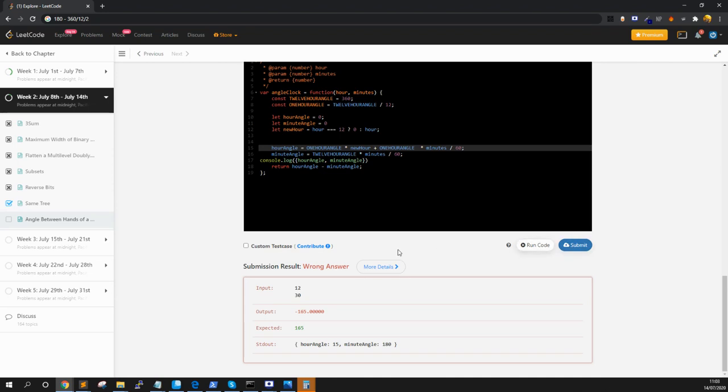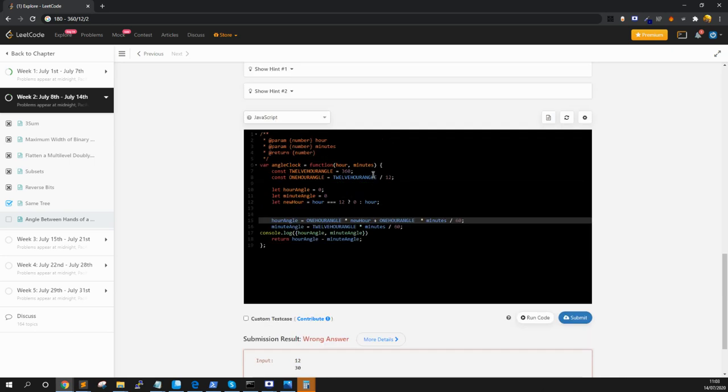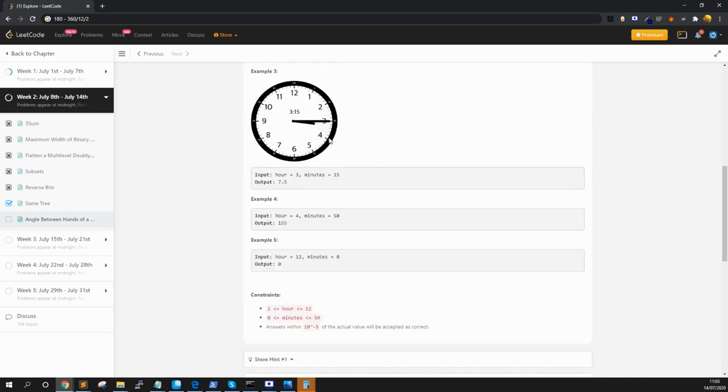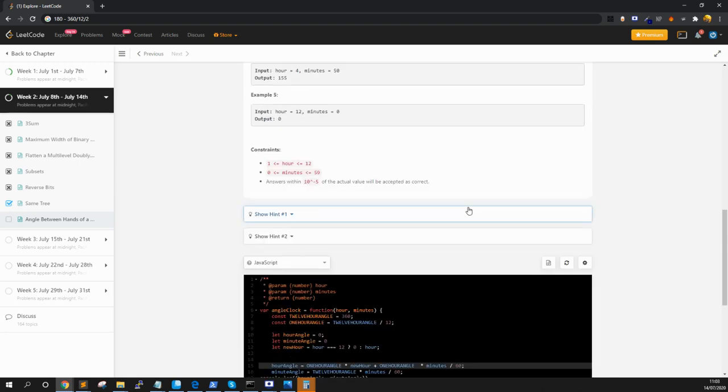No, okay, it's not accepted because it wants a positive output. So what we're gonna do, because we don't know basically the minutes could be before or after the hour hand, right? So we're gonna return.